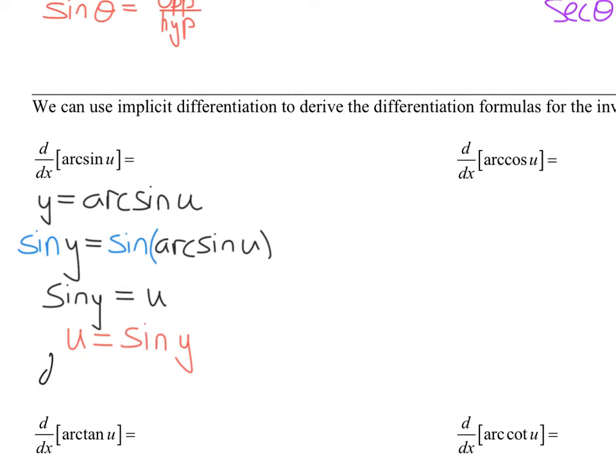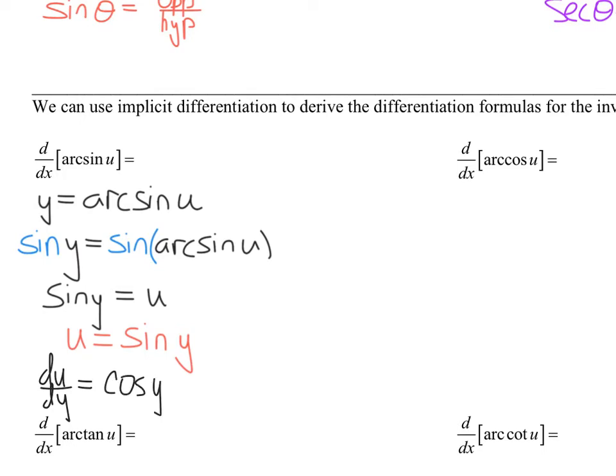So I'm going to take the derivative of u with respect to y. My independent variable is y, so we don't have to actually use implicit techniques. We just have to consider that it doesn't always have to be y in terms of x. So what is the derivative of the sine of y? Cosine y.